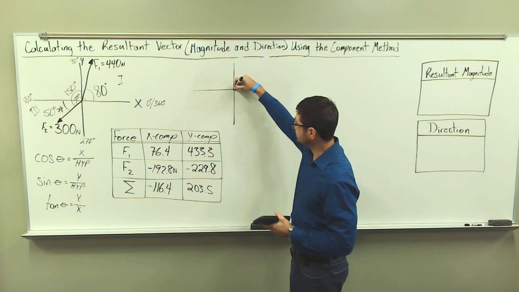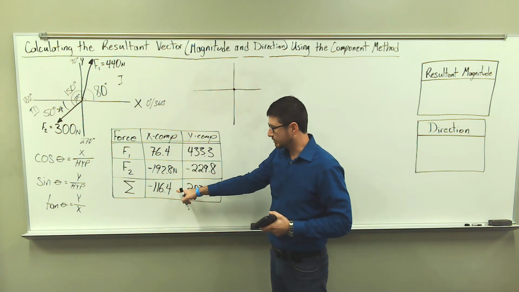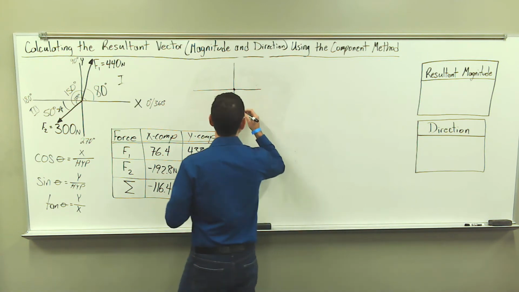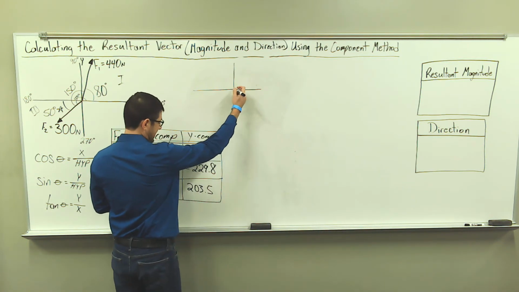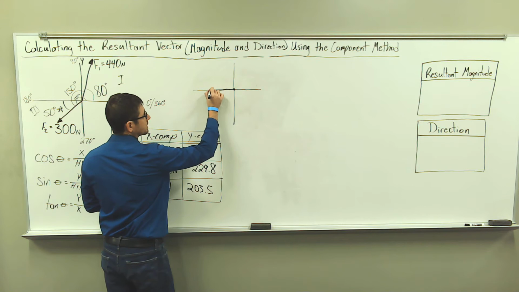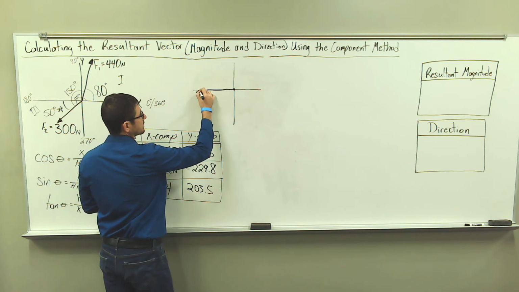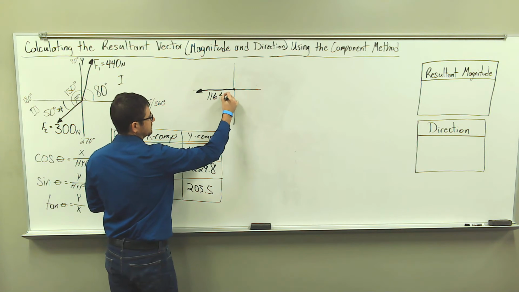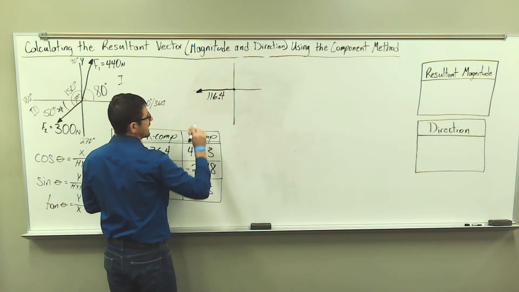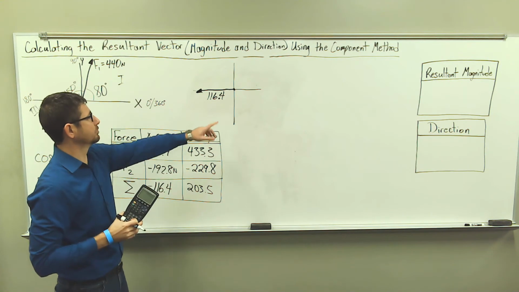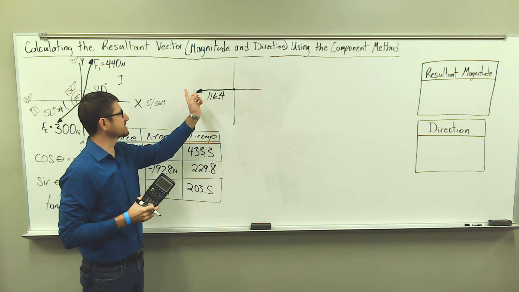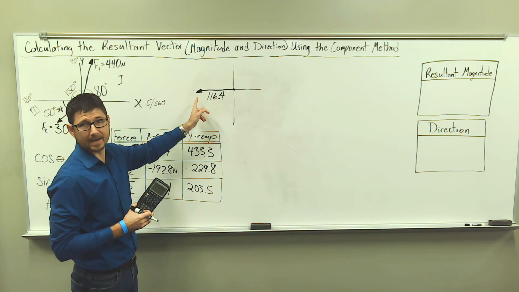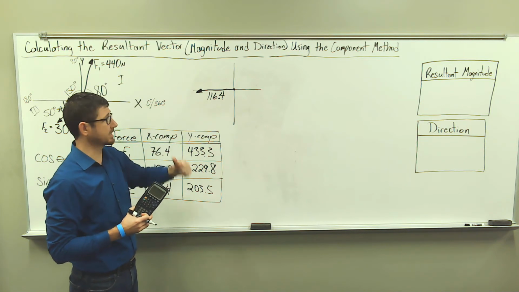So we're starting at the origin, and our x component is going to be negative 116.4. This is my x component. And so I'm moving in a negative x direction. Now we don't have to put negative here because our vector arrow is showing us the direction.